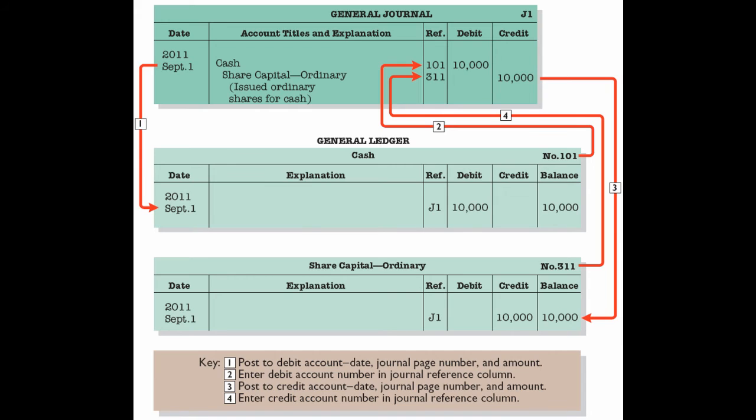In the ledger, enter in the appropriate columns of the account credited the date, journal page, and credit amount that is shown in the journal. In the reference column, write the account number to which the credit amount was posted.